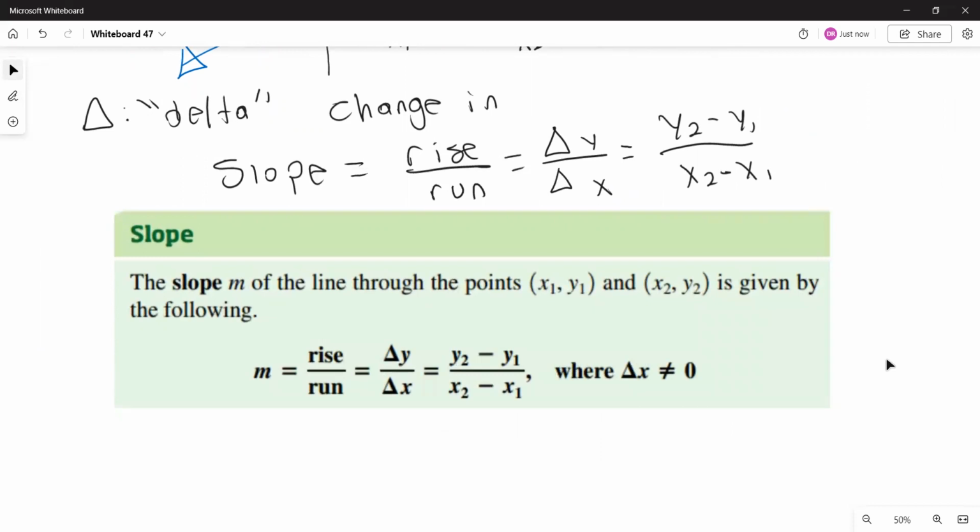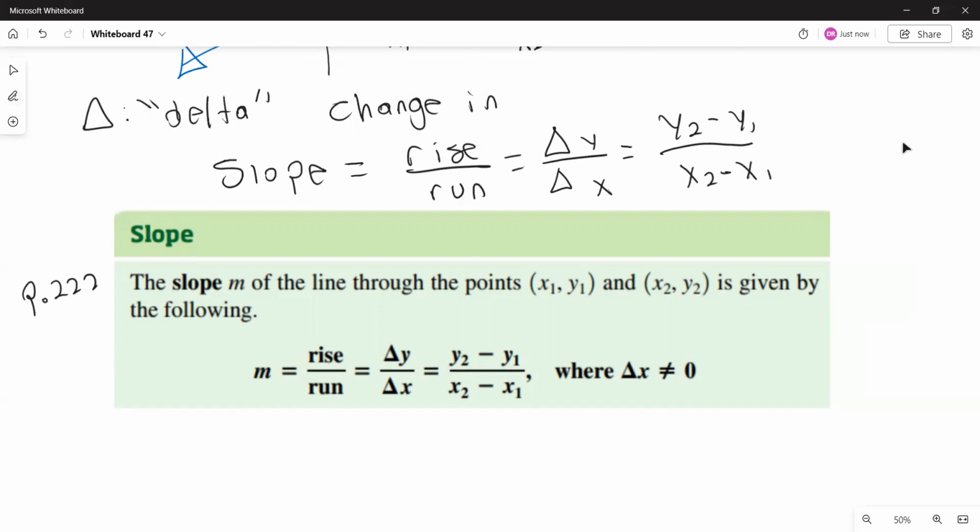Okay, so the slope m of the line through the points (x1, y1) and (x2, y2) is given by the rise over the run, or the change in y over the change in x, or y2 minus y1 over x2 minus x1, where the change in x is not 0.